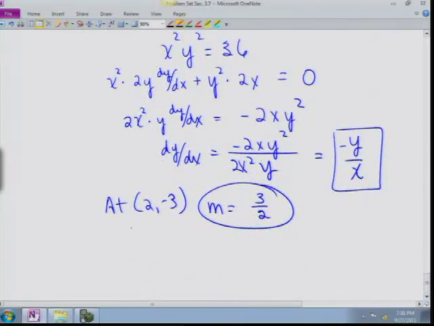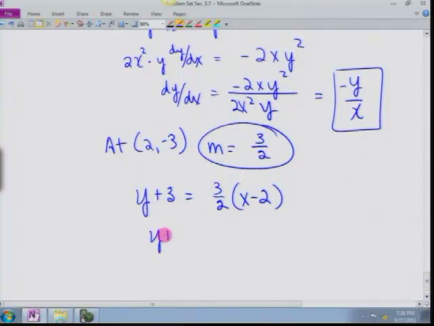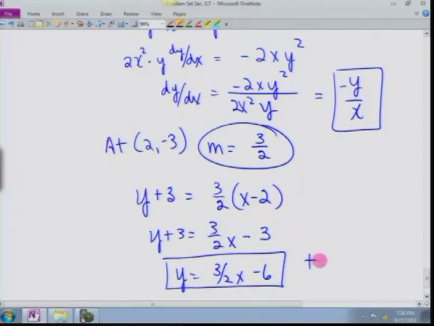So now the equation of the line is going to be y plus 3 equals 3/2 times x minus 2. That's using that point-slope form that we've used before. Okay, so there's the tangent line.